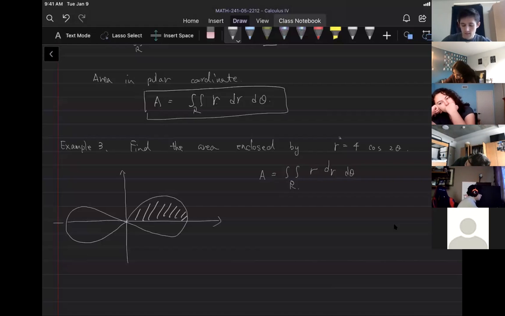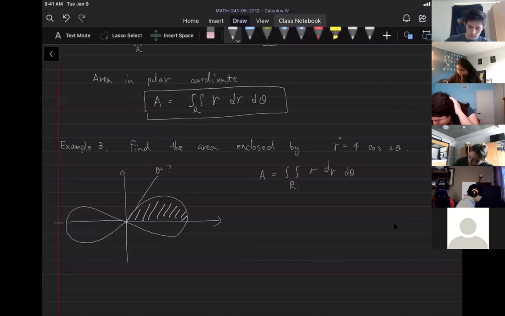For the angle, you can also find this area and multiply by 2, but we like to make the problem easier, so we always like to see the boundary like 0. For this one, theta is definitely going to be 0 to something, and we don't know what the angle is here.